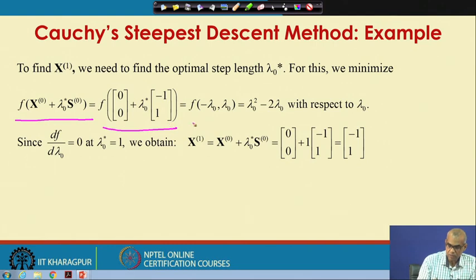After putting x 1 equal to minus lambda 0, x 2 equal to lambda 0 in the given objective function, we get the function equal to lambda 0 square minus 2 lambda 0.